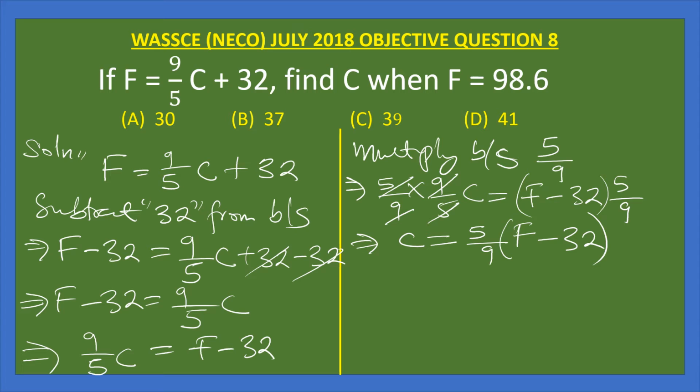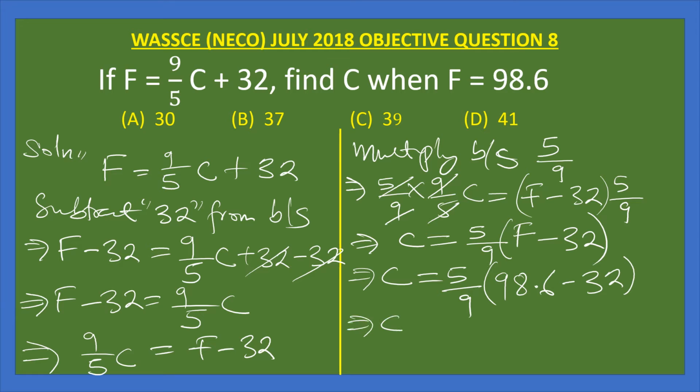Now they say F is equal to 98.6. So we substitute 98.6 in place of F. This now gives us that C is equal to 5 over 9 into 98.6 minus 32.